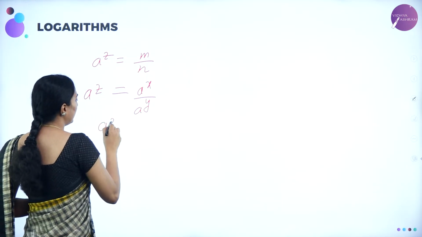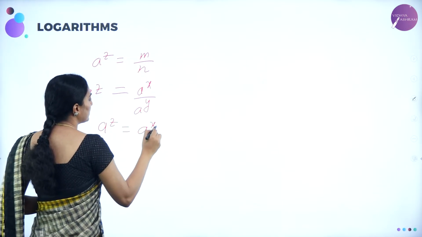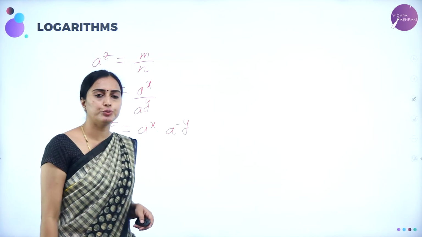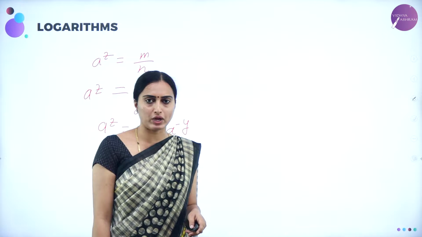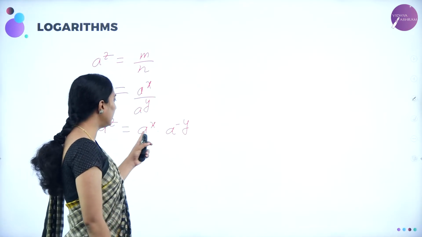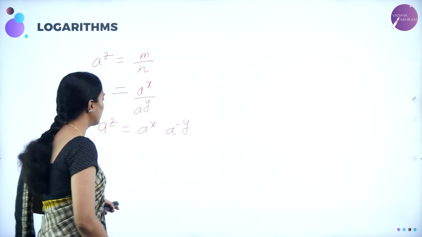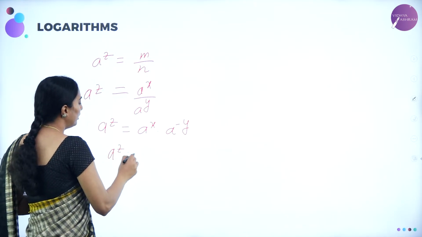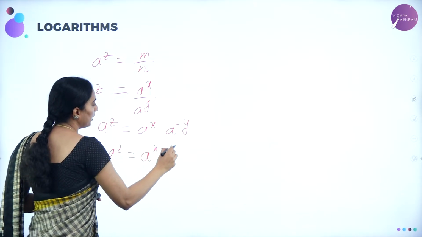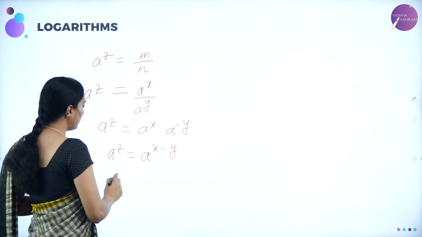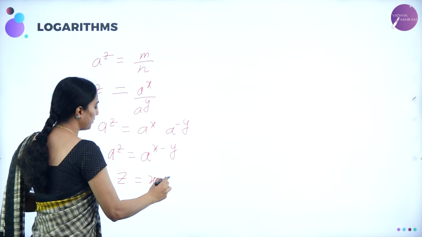Therefore, a power z will be equal to a power x into a power minus y. Bringing a power y to the numerator, it becomes a power minus y. Now the theory of indices applies again: if the bases are the same, I can add the powers. Therefore, a power z will be equal to a power x minus y. You already know, bases are the same means you can equate the powers. Z will be equal to x minus y.